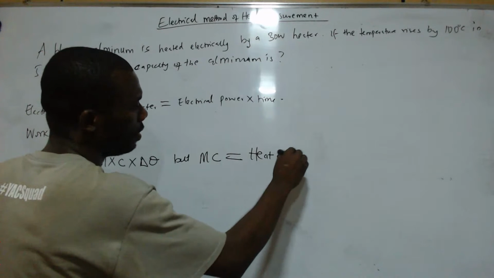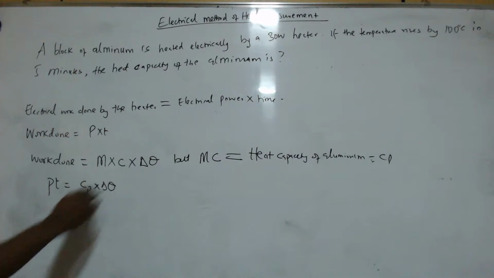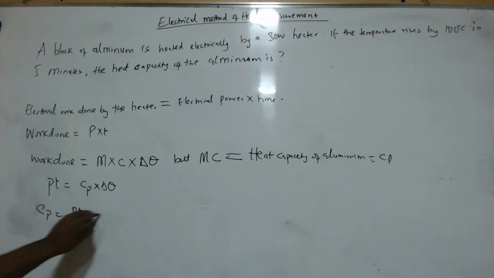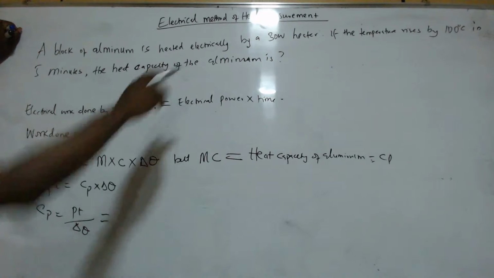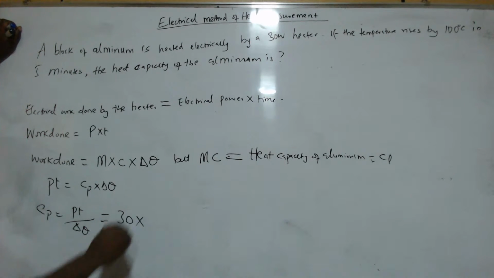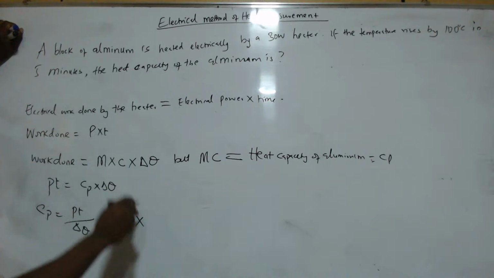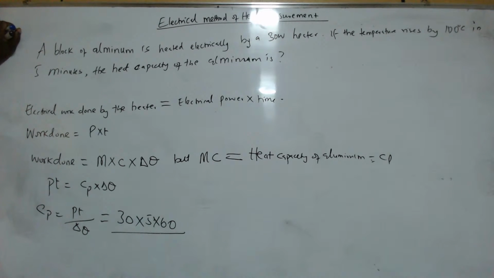So C will be Pt all over delta T. So our power was 30 watts multiplied by our time, which was given as 5 minutes, which is 5 times 60, all over change in temperature, which is 100 plus 273.